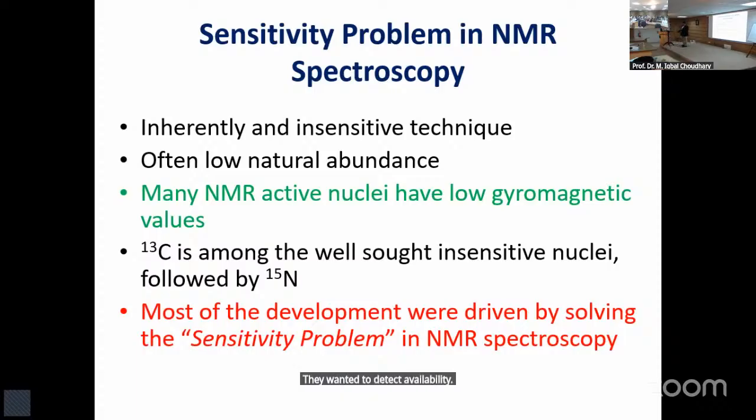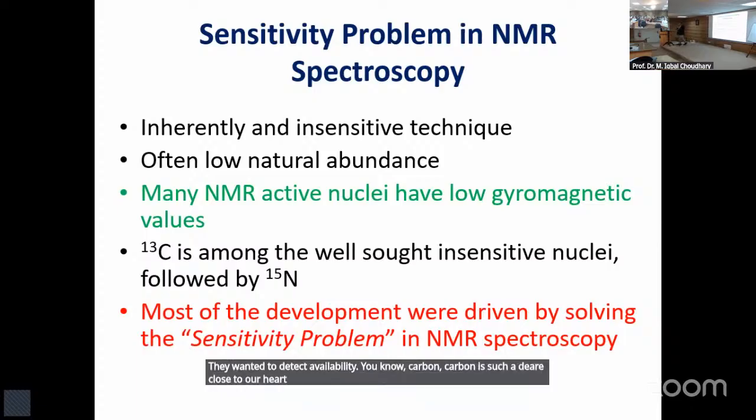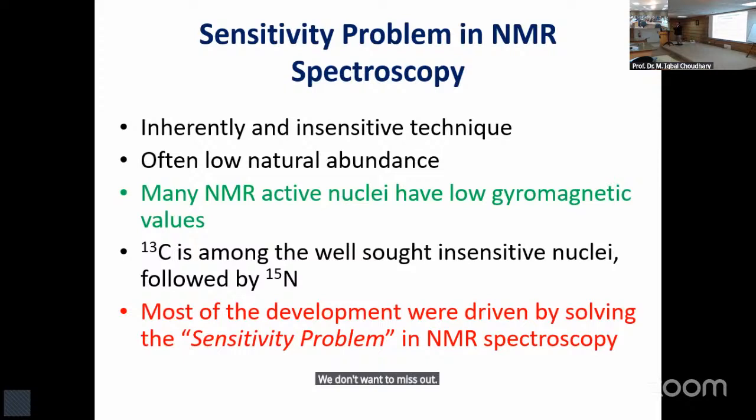You know, carbon is such a dear element, close to our heart. We don't want to miss out. Proton is fine, we are happy with it, but proton doesn't really form a framework. Proton is attached on carbon. The actual framework of organic molecules is carbon connected to carbon.